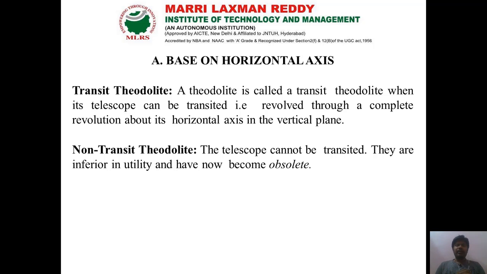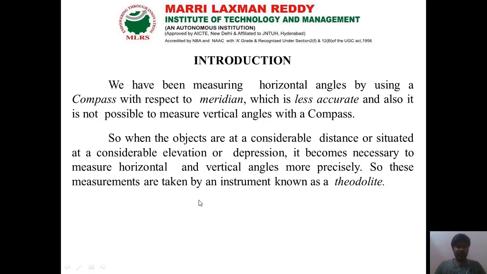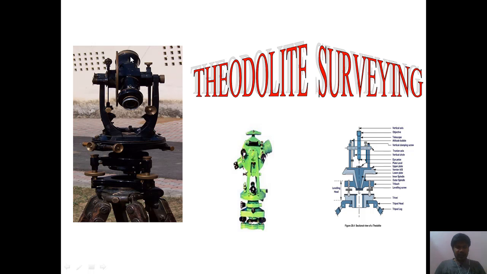So first category, based on horizontal axis. Transit theodolite. A theodolite is called a transit theodolite when its telescope can be transited, that is, it can be revolved through a complete revolution about its horizontal axis in the vertical plane. In the figure, this is our telescope.